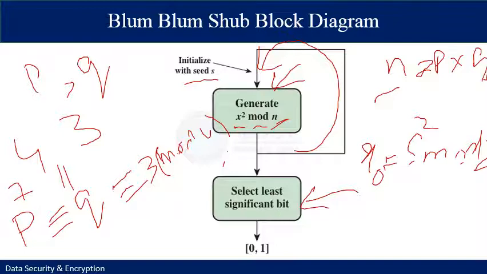And to generate the final bit stream b of i, x of i is taken mod 2, and the least significant bit is taken as b of i to replace in the cipher text or to use as a random number. Therefore, the least significant bit is taken in each iteration.